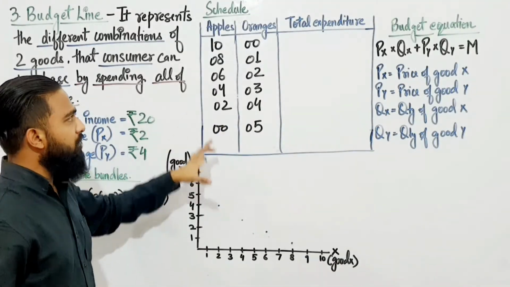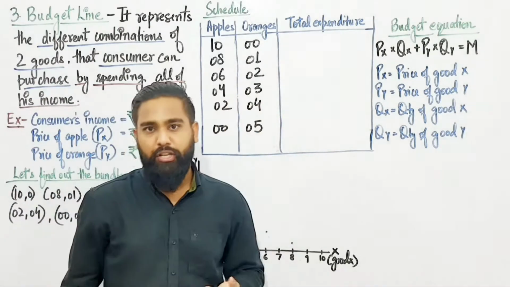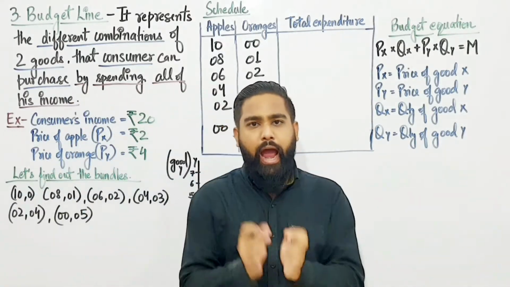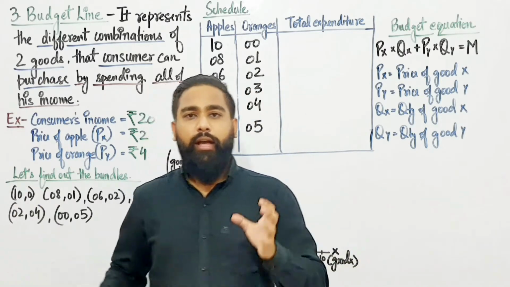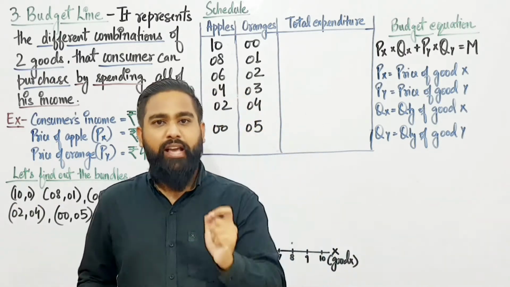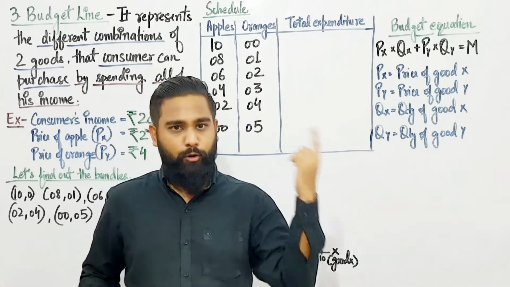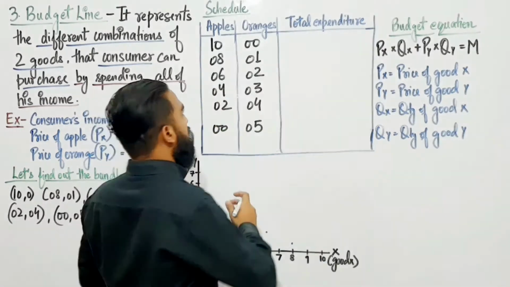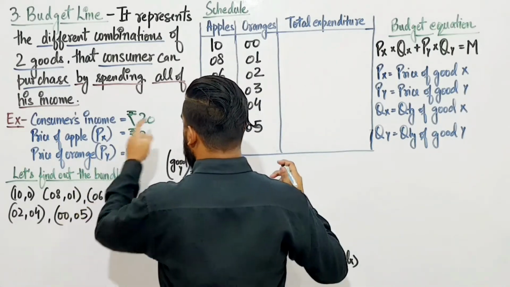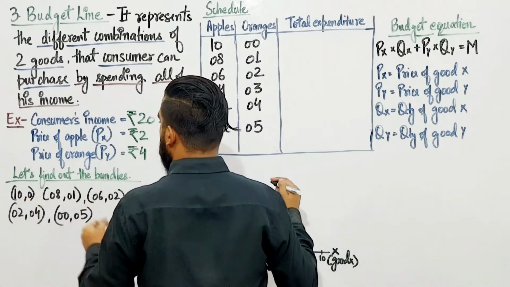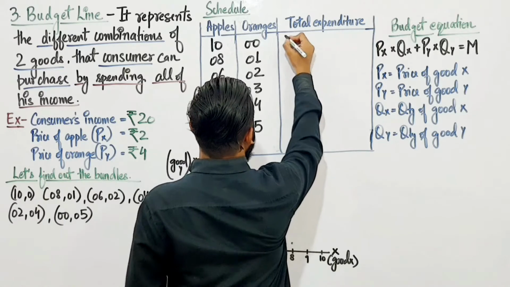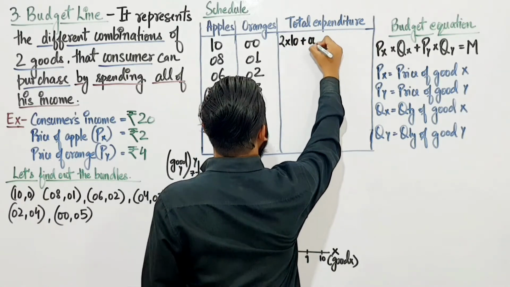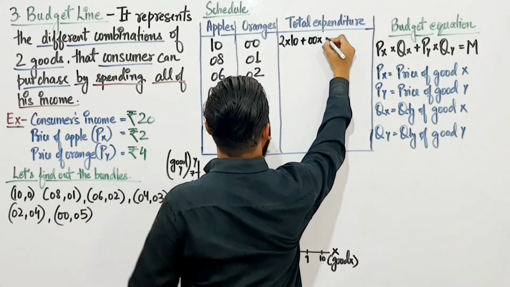Now we can calculate the total expenditure. Now how do you calculate the total expenditure? Just add both the expenditures, like price into quantity of good 1 and price into quantity of good 2, and add them up. Now the price is 2 rupees and the commodity is of 10 quantity. 2 into 10 plus 0 into 4.